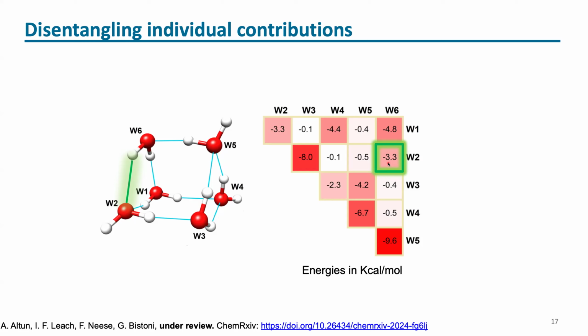Overall, this approach provides results that can be directly compared with experimental data and offers quantitative insights into the relative strengths of individual interactions and of cooperativity effects. If you're interested in learning more about how to perform this kind of analysis, have a look at this ChemRxiv paper here.